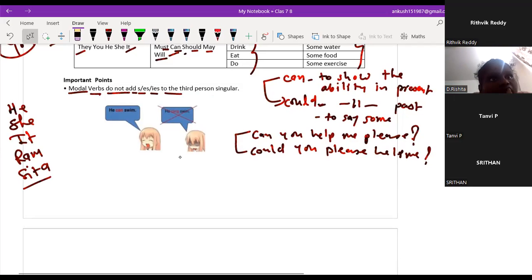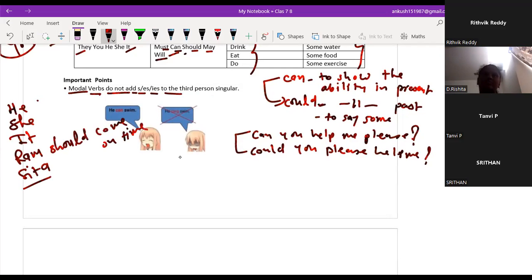Suppose I have to write here "Ram should come on time." It would not add S or ES. It would not be "Ram shoulds come on time." That will go wrong.